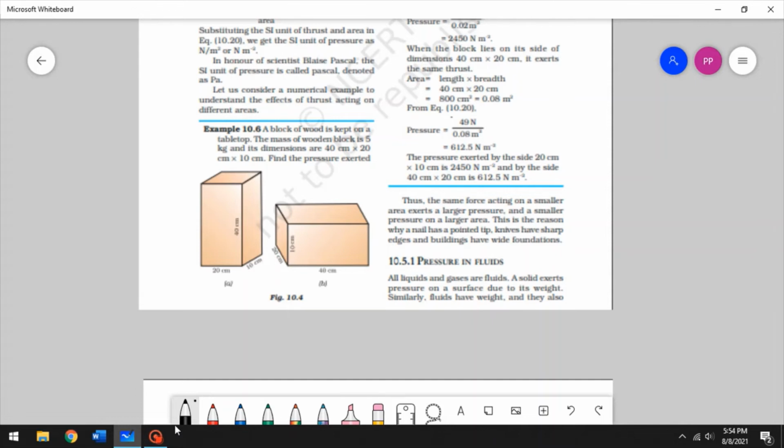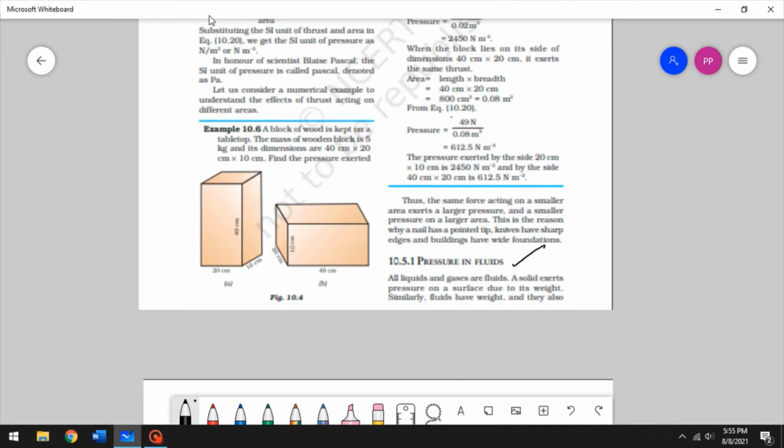Alright? So now we're talking about pressure in fluids. Alright, but we have a statement here that says the same force acting on a smaller area exerts a larger pressure and a smaller pressure on a larger area. Alright, so that's essentially what I just said with the pin example.